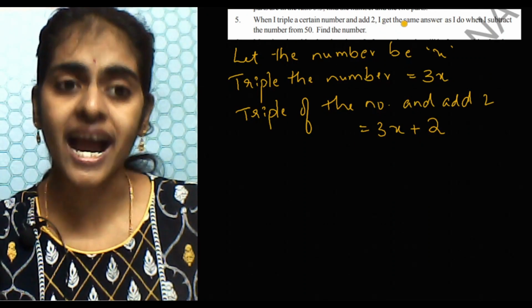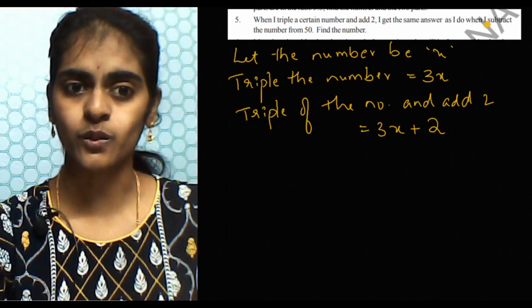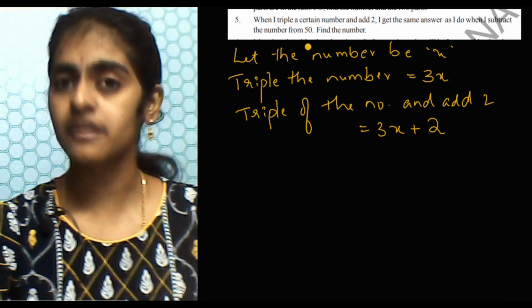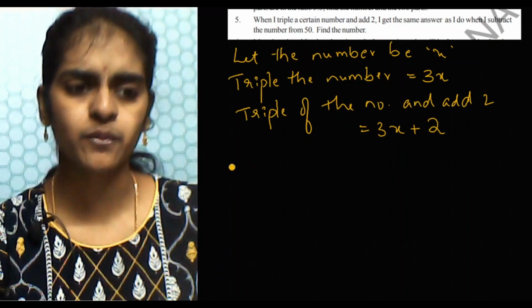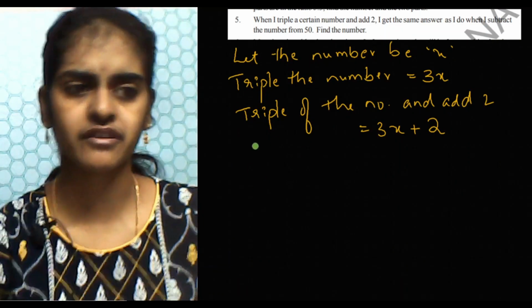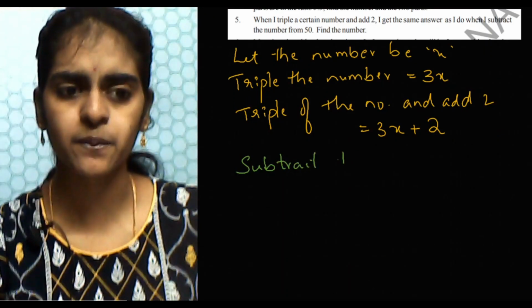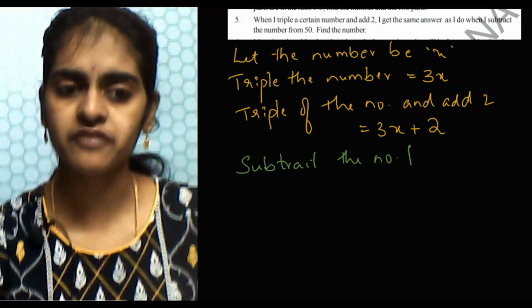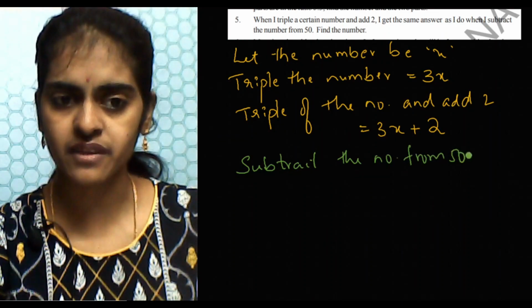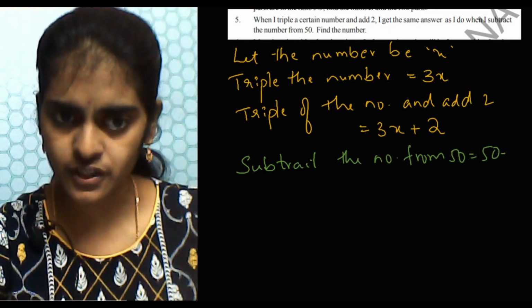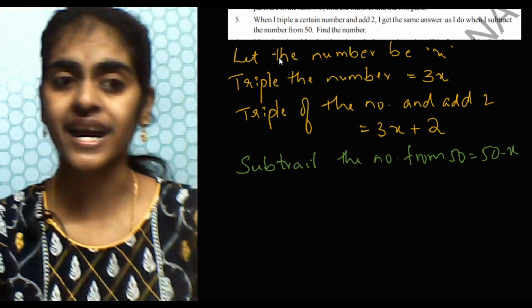I get the same answer as I do when I subtract the number from 50. If you want to subtract the number from 50, that means from 50 you are going to subtract the number, so it will be 50 minus x.